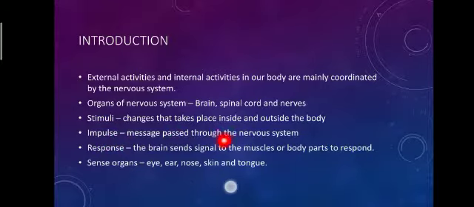Response, the brain sends signal to the muscles or body parts to respond. Now, after manipulating the conditions or the situation which is happening around you, your brain sends the impulse to the organs or to the muscles, and accordingly we perform our function or we act, and that act which we perform after seeing the situation, that is named as response.